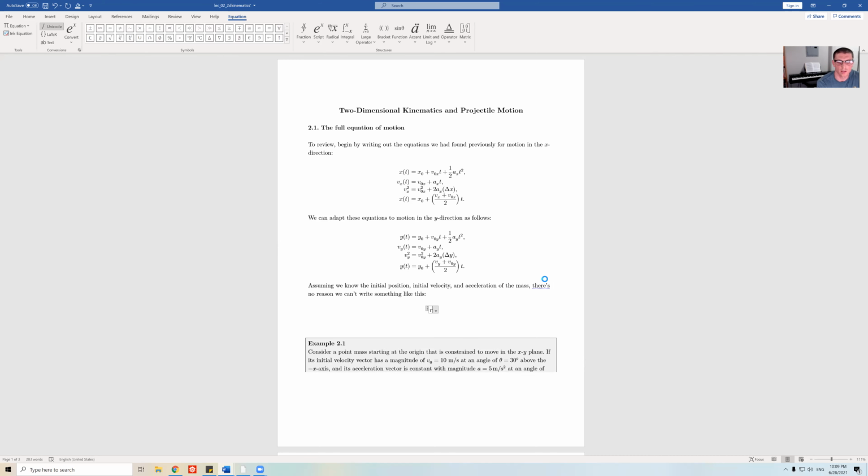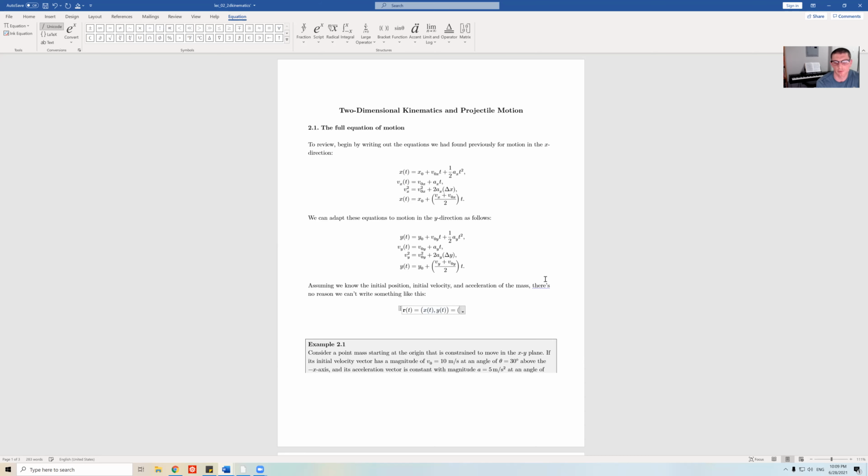I'm going to say the position vector is given by the ordered pair, where in the first position we have the x equation for motion, and in the second we have the y equation for motion.